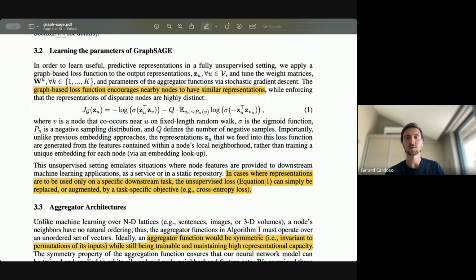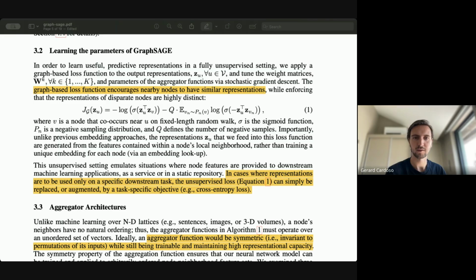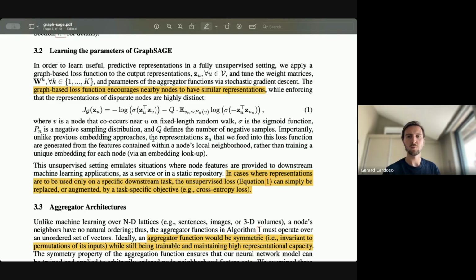The way you do it in an unsupervised way, which is similar to previous papers, is you encourage nodes that are nearby to have similar representations. This is similar to word2vec, which I saw being mentioned in the paper. In word2vec, two words are co-occurring, so they should have similar representations. You do the same here with nodes.